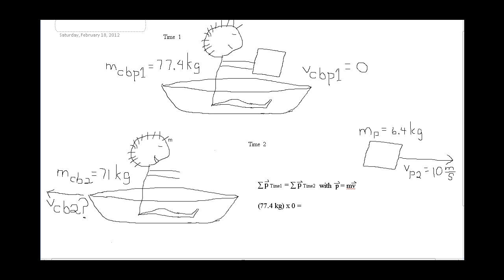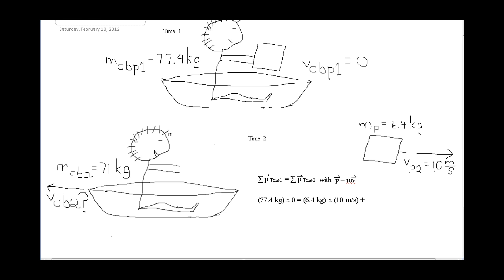So I'll next put in the mass of the package times its velocity. There we have our 6.4 kilograms times 10 meters per second for the package. And then to incorporate the child in the boat, we'll have 71 kilograms times the unknown velocity.